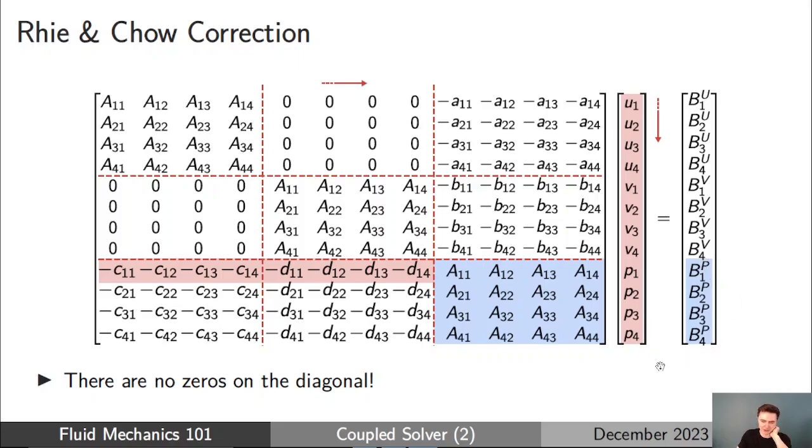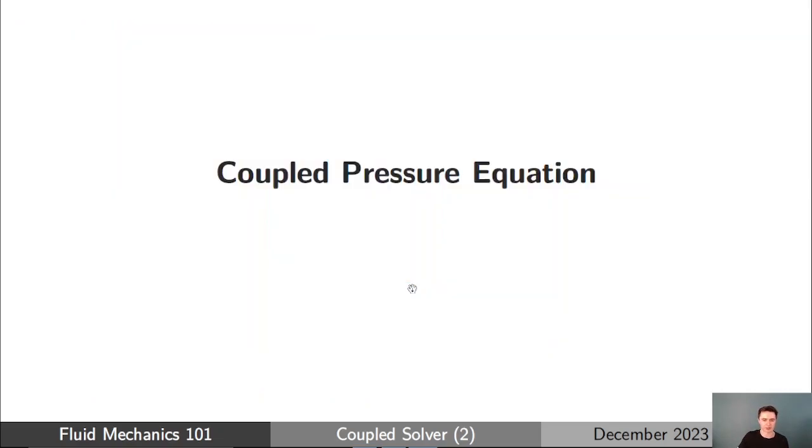And now we have the source term. So I'm hoping that, without going into too much detail on the Rhie and Chow correction itself, you can just see how it's necessary to include it. And when you do include it in the continuity equation, the coupled matrix system doesn't have any zeros on the diagonal anymore. And this is a great result. This is a fantastic result.